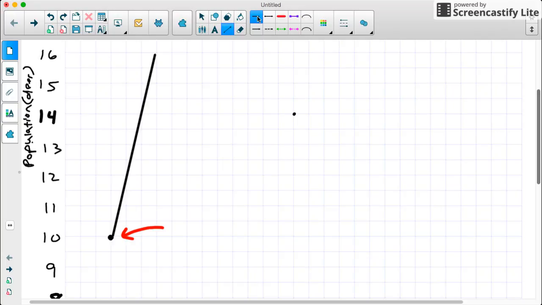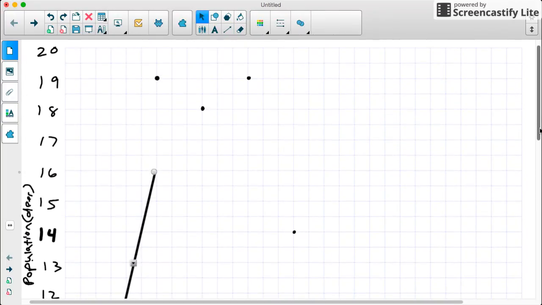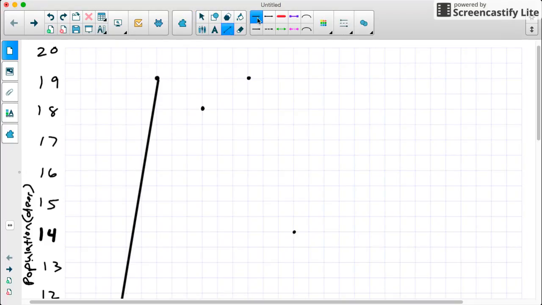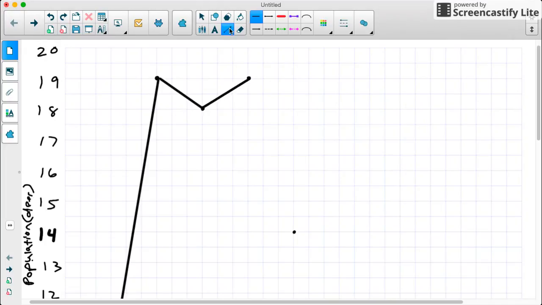I would need to take this point all the way to there. There would be my first line, and then the next one, I'm going to go from here to here. Okay, and the next one, from here to here. And then the next one, from here to here.